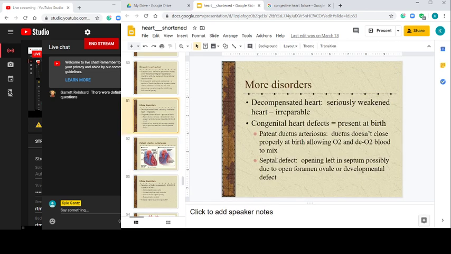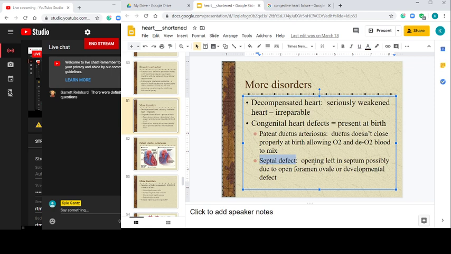Or we can have a septal defect, right? An opening left in the septum, possibly due to the open foramen ovale or developmental defect, right? So we had that foramen ovale, that was that passageway between the atria, right? So we can skip the lungs. When we take our first breath, that tends to close immediately.